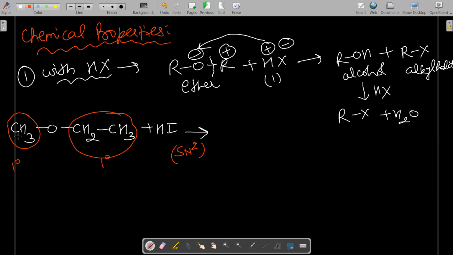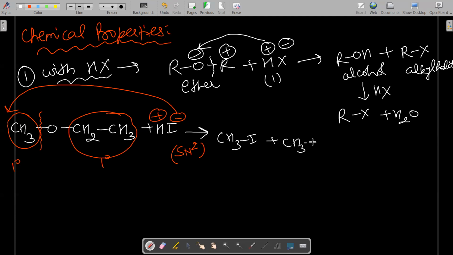Now you see which side has the lesser carbon, this side. So cleavage occurs from this side because the nucleophile attacks the lesser substituted carbon. So in this case, what product will we obtain? CH3I, and the heavier carbon converts into alcohol.